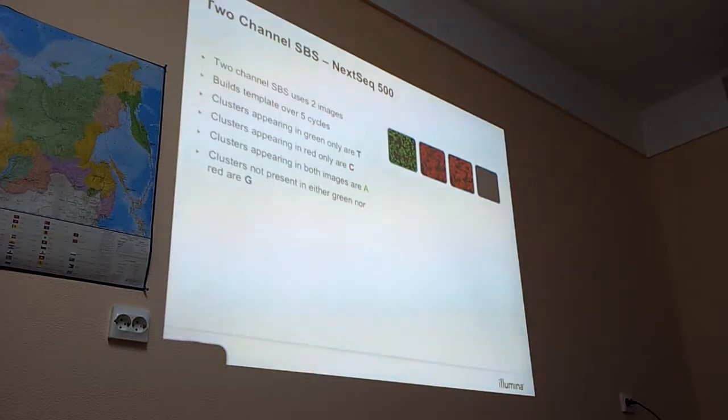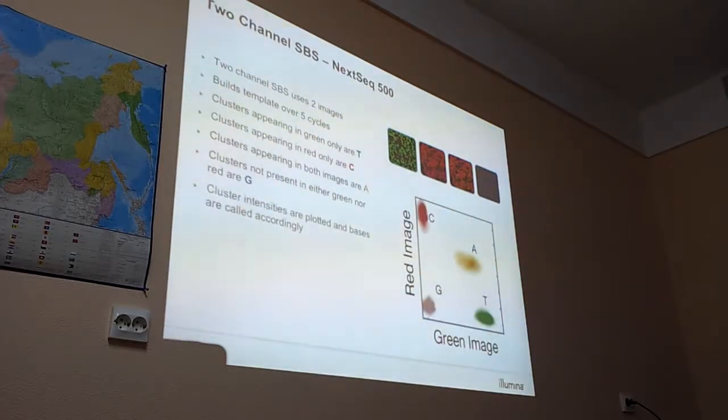You don't need to measure the quantity of signal, you only need to detect the signal, and the signal should be pure. So these are the 2 colors: red for C, green for T, mixed for A, and black, dark, for G.